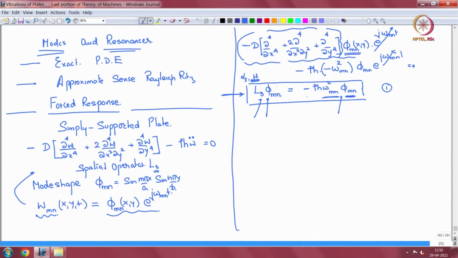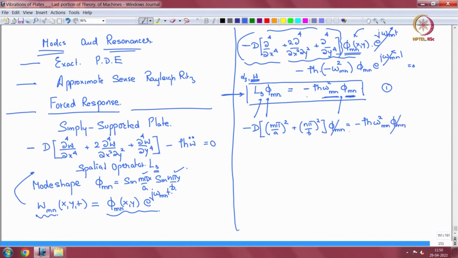The other is, if we actually put in the phi mn form, which is sine m pi x by a sine n pi y by b, then I get minus D m pi by a whole squared plus n pi by b whole squared phi mn is equal to minus rho h omega square mn phi mn.